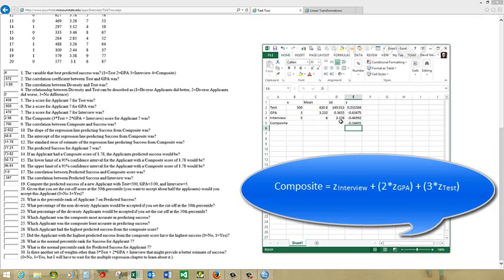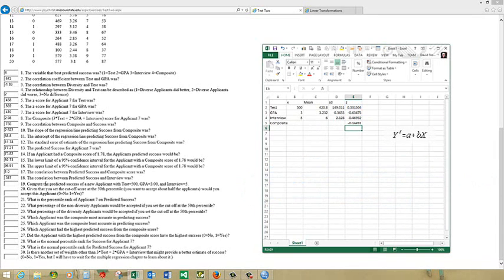Okay, so it looks like our individual that has the test score of 500, GPA of 3, and interview of 5 has a composite of minus 0.144 or 145. So now we've got to convert that to a predicted success.